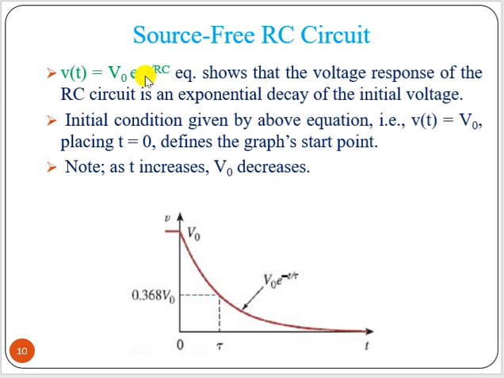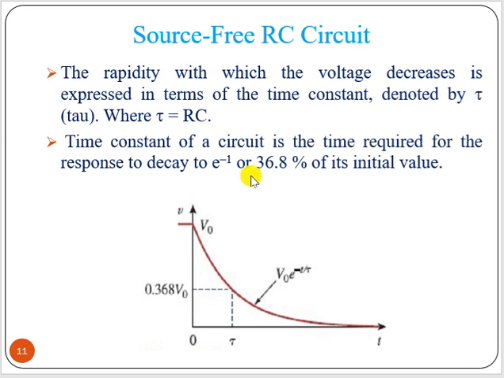Now if we put t equal to tau, tau will cancel out, and we get e to the power minus 1. The value of e to the power minus 1 is almost 36.8% or 0.368. That means at t equal to tau, V0 goes down to 36.8% of its initial value.